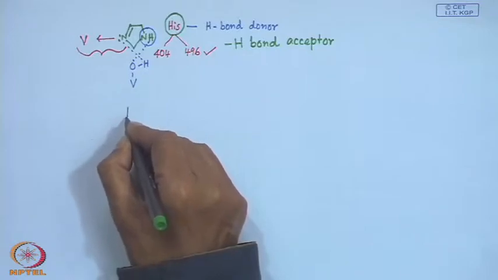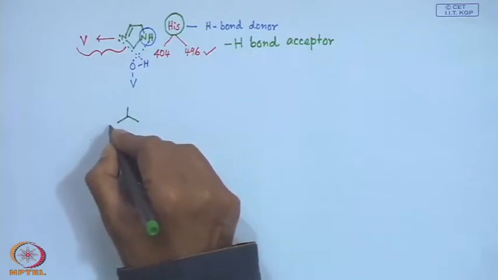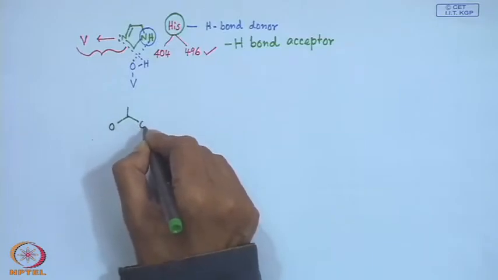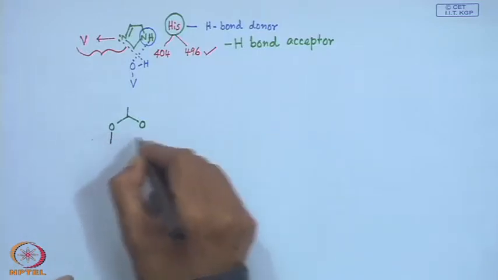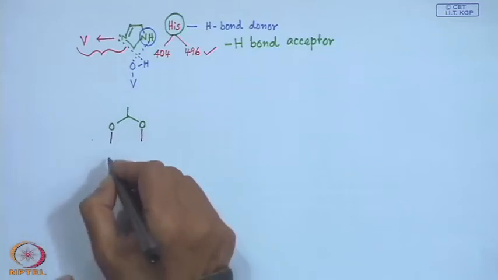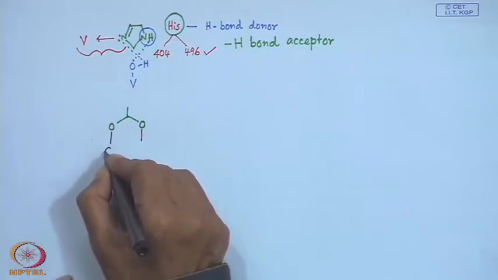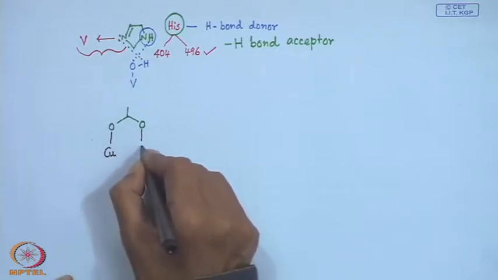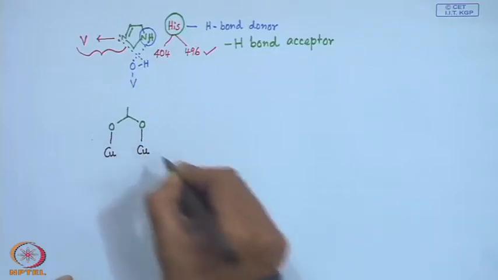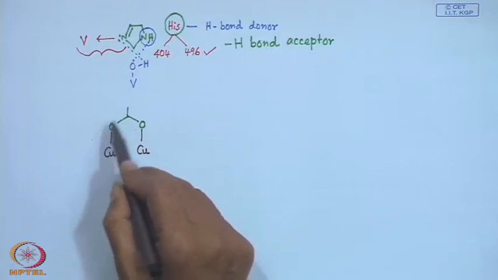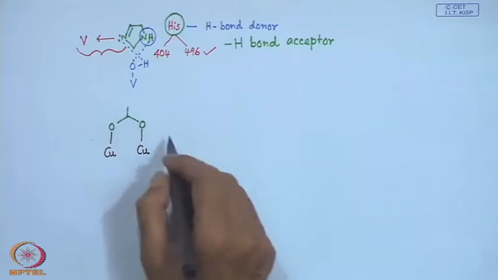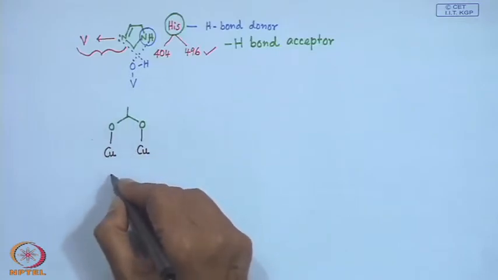When we have acetate groups, CH3COO minus, this acetate group can be a very useful bridging unit for a binuclear system. If it is present in copper acetate, it can show the bridging interaction between these two copper centers. So, this particular entity is a very stable entity. This motif is getting stabilized through the bridge.